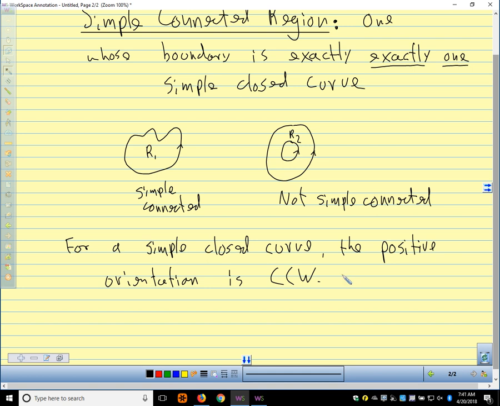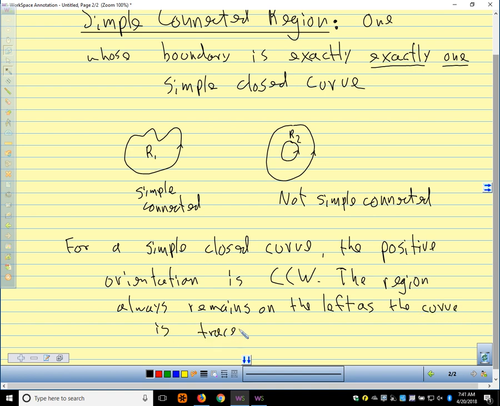And in that case, the region always remains on the left as we move in the positive direction. So our positive orientation is going to be counterclockwise, and our region as we go around the curve remains on the left.